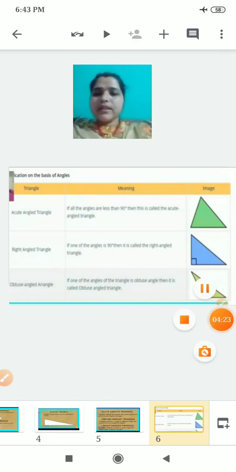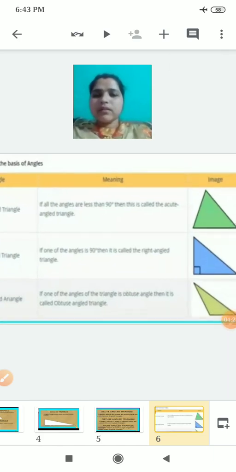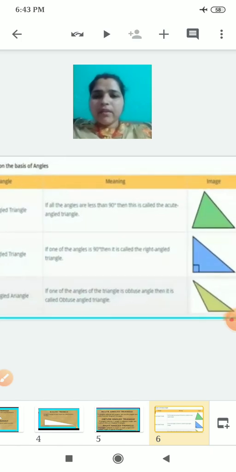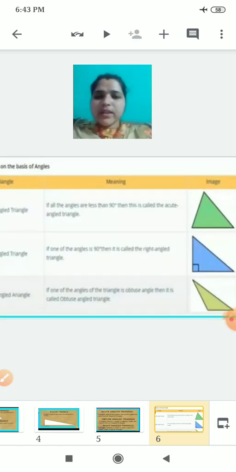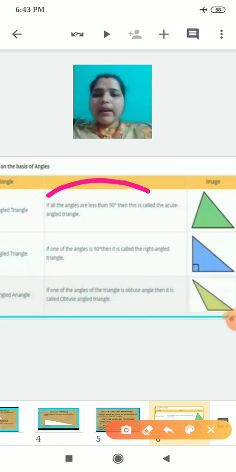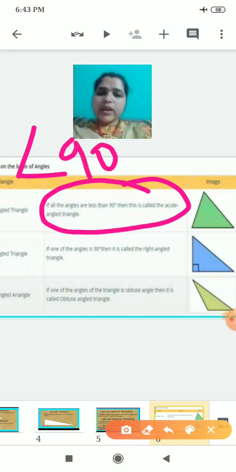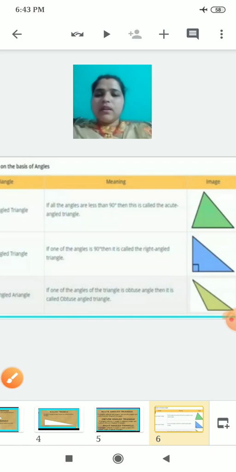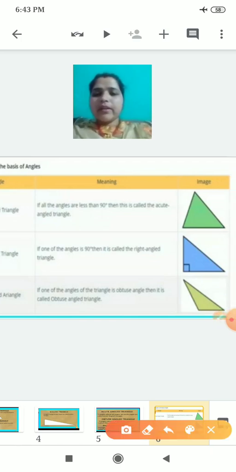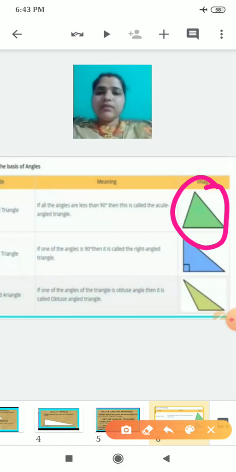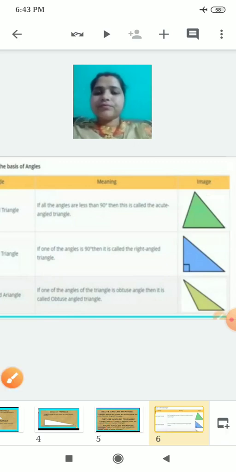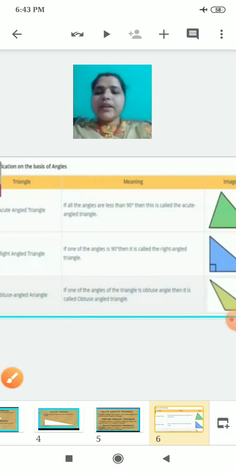Here we can see that first we have the acute angle triangle. As you can see, if all the angles are less than 90 degree, they are acute angle triangles. Okay, you can see the diagram over here. Next we have the right angle triangle.